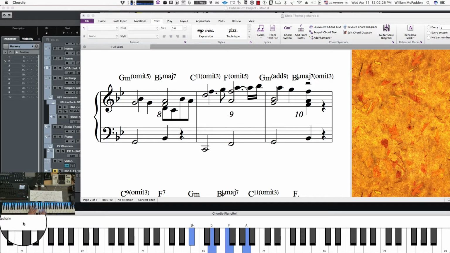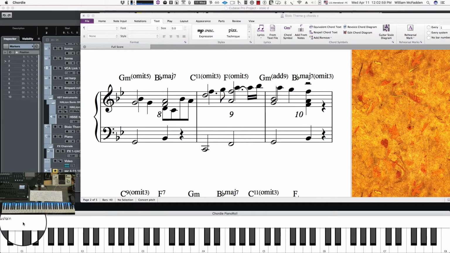Then we go to a C11, because here's your 9th, here's your 11, and then the F. We have the A in octaves there, and again, we're omitting the fifth.